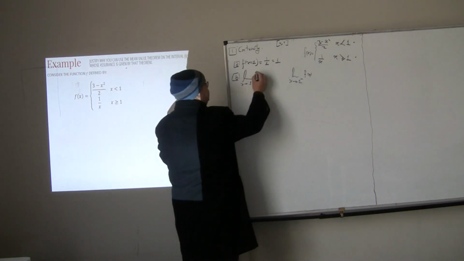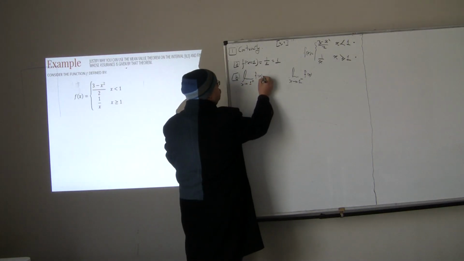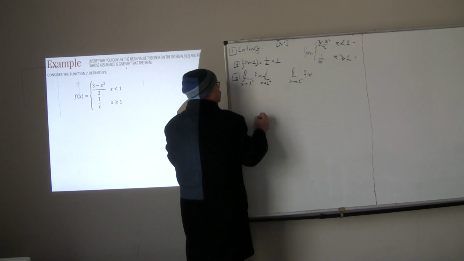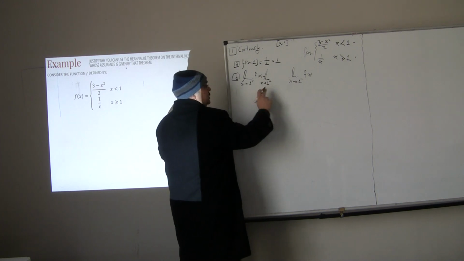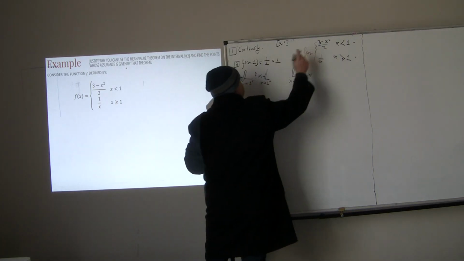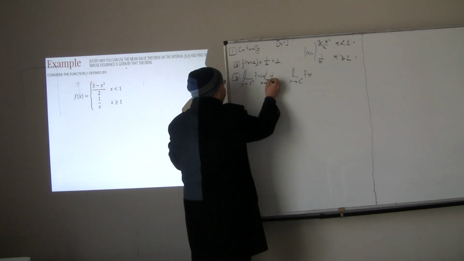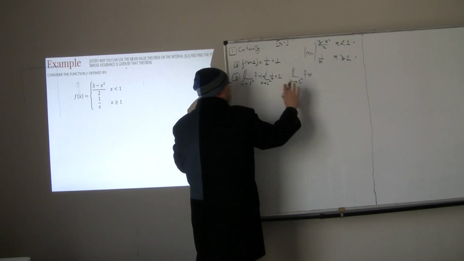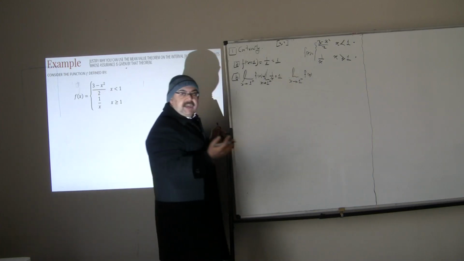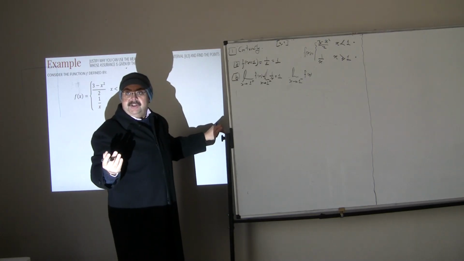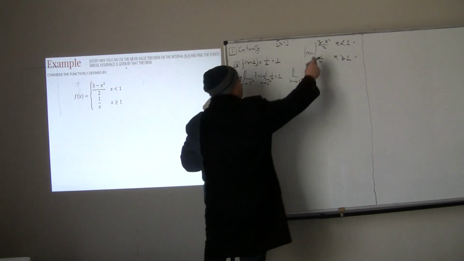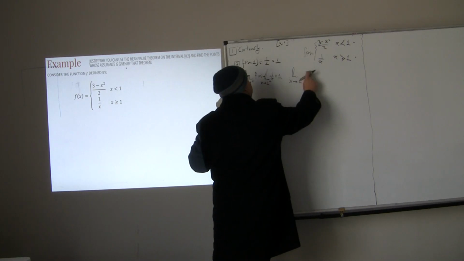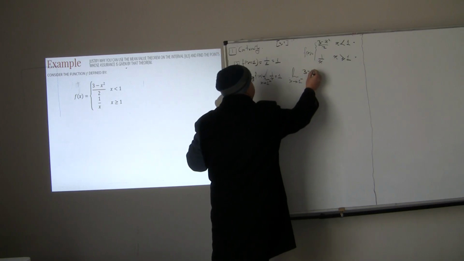So the limit of f of x when x tends to 1 from the positive side is equal to the limit as x tends to 1 from the positive side. In this case, I will use f of x, which is 1 over x. So it's going to be 1 over x, which equals 1. Same way, but from the negative side of 1. This is why, Dina, I will have to use the other way, which is 3 minus x squared over 2.